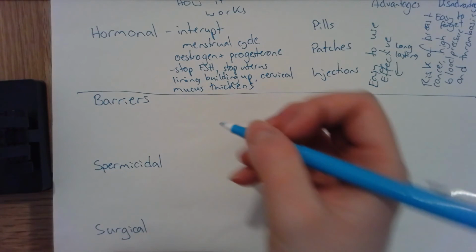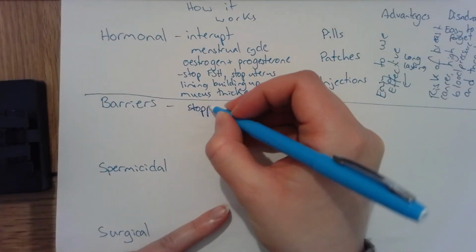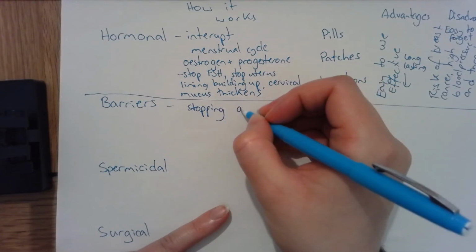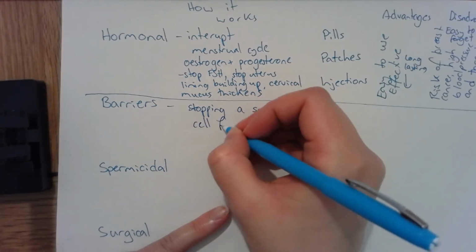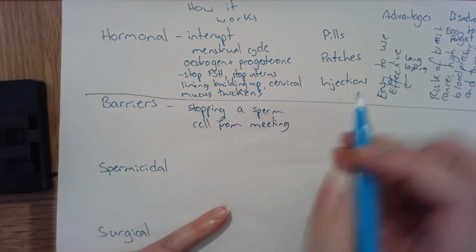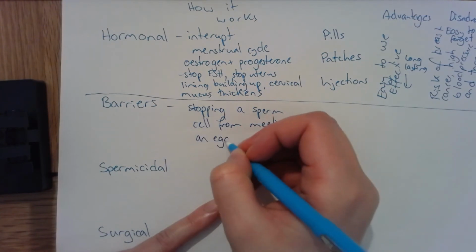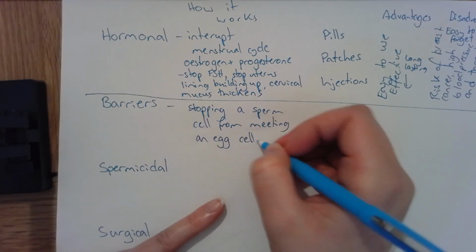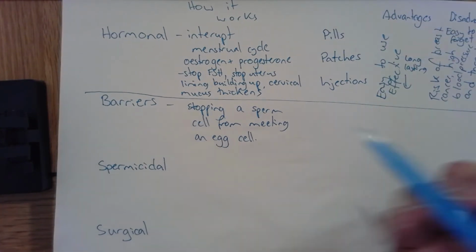So our barrier methods work by stopping a sperm cell from meeting an egg cell. Unless a sperm cell meets an egg cell, you cannot have a baby made. And so they can completely stop it.